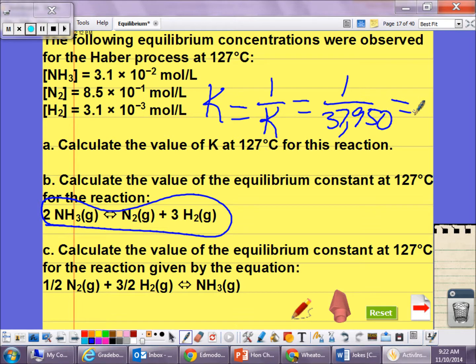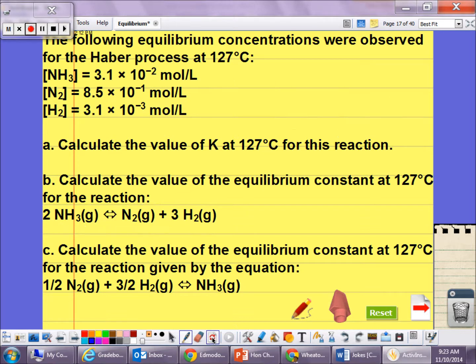So that K prime equal what? 2.64 times 10 to the negative 5. All right, everybody try for me, please, so we won't carry mistakes throughout the video. So you see, this is the reverse reaction. So you need to get the inverse of your K.